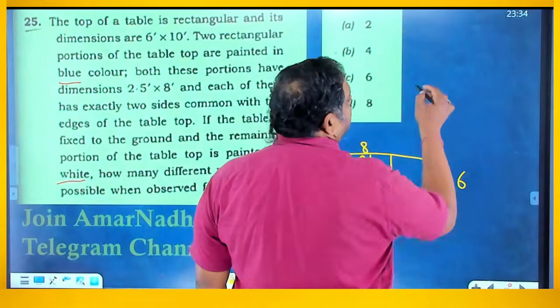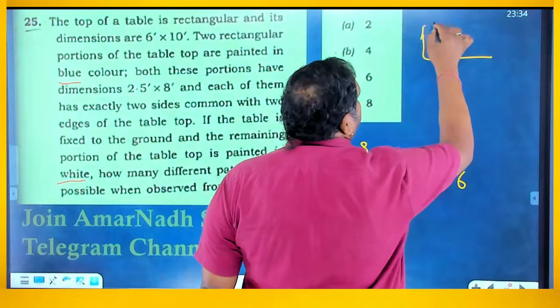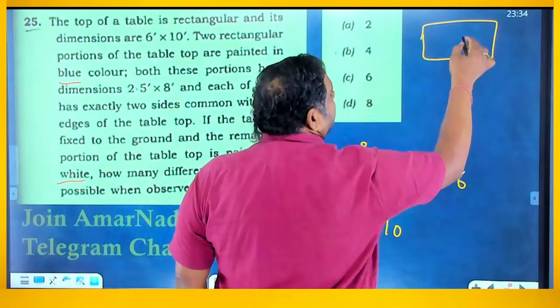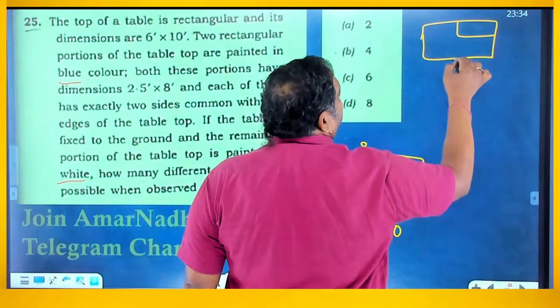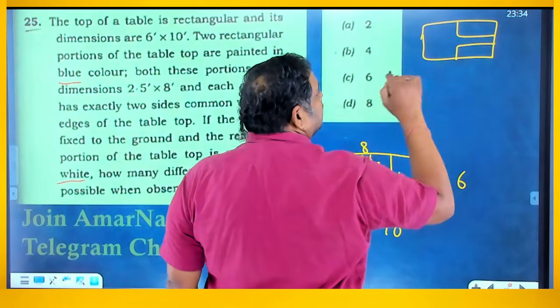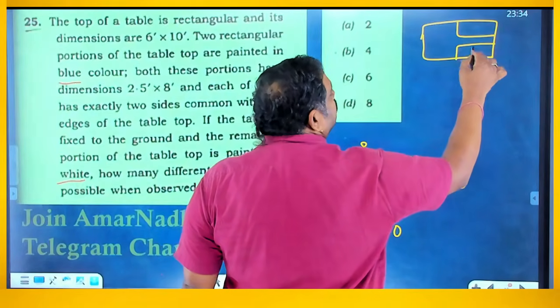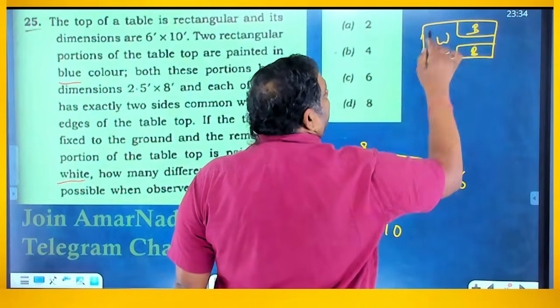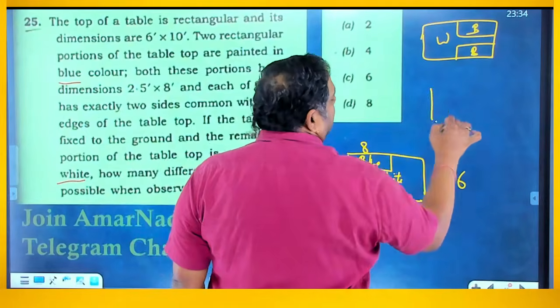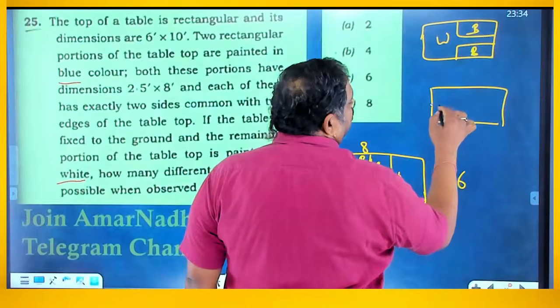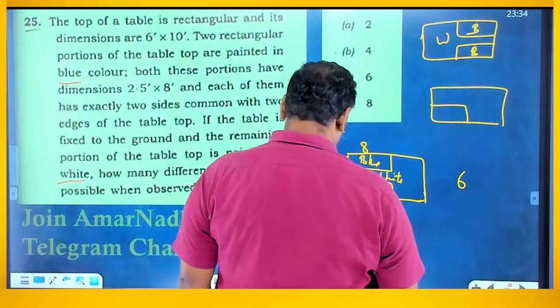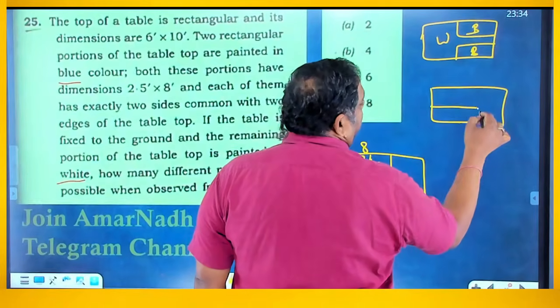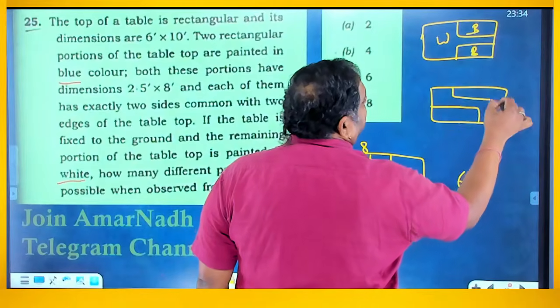So let us say how the students will think. They'll take 2.5 by 8, 2.5 by 8 like this. So this is blue, blue, and white. Another view the student will feel, next one, 2.5 by 8.